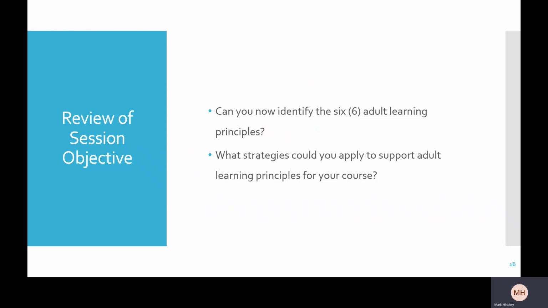Continue to go over that reflective activity early on in this professional development session and consider what is needed for any individual session to support your adult learners.